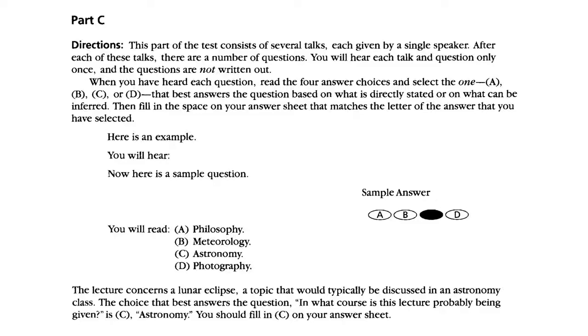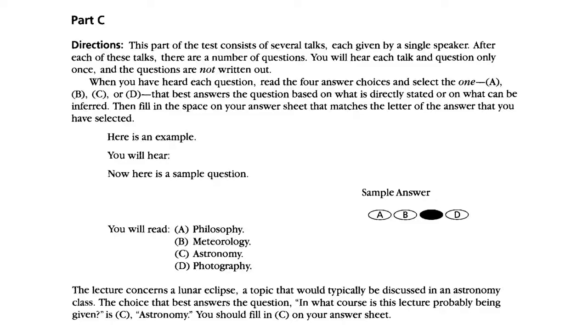When you have heard each question, read the 4 answer choices and select the one, A, B, C, or D, that best answers the question based on what is directly stated or on what can be inferred. Then fill in the space on your answer sheet that matches the letter of the answer that you have selected. Don't forget, during actual exams, taking notes or writing in your test book is not permitted.